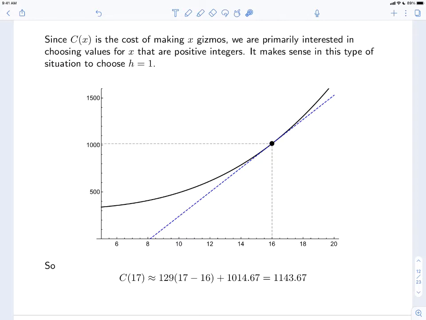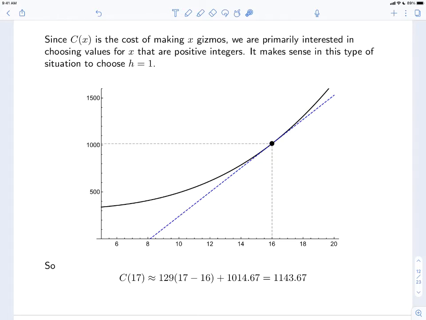Or possibly 15? Generally speaking, if you're looking at a cost function, you want to know how much it will cost to produce one more good. And in this case, we're imagining that we've already produced 16 gizmos. So what we really want to know is, what is the cost to produce one more?